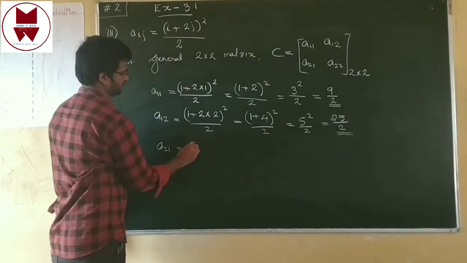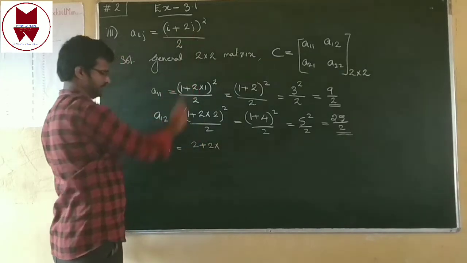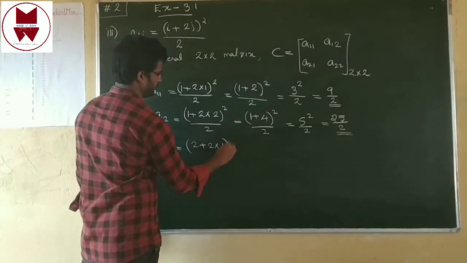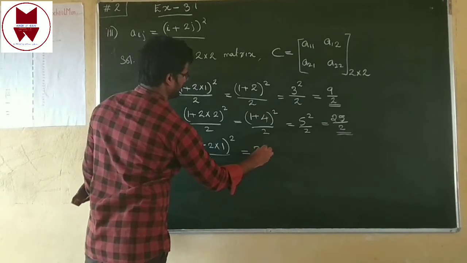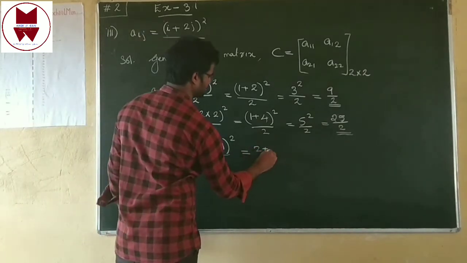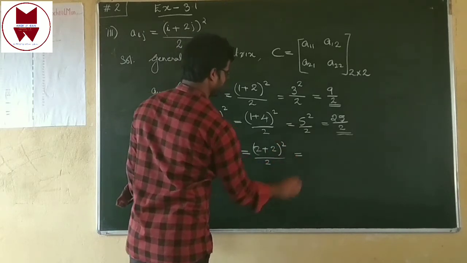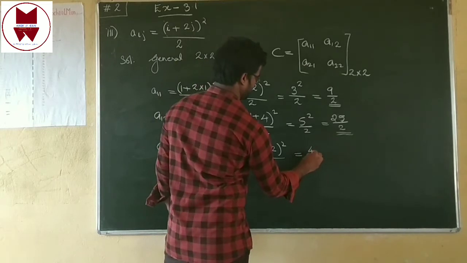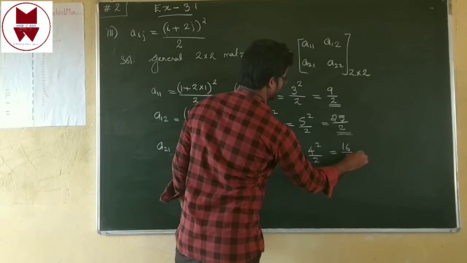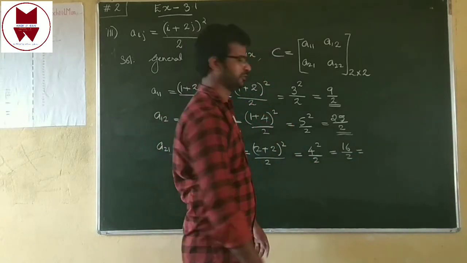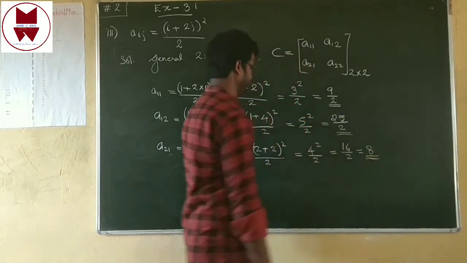Given here, I squared plus 2 into J, J means 1, whole square divided by 2. 2 plus 2 into 1, that is 2 plus 2, 4 whole square by 2. 4 square is 16 divided by 2, equal to 16 divided by 2. In 16, how many times 2? Just divide, you will get 8.